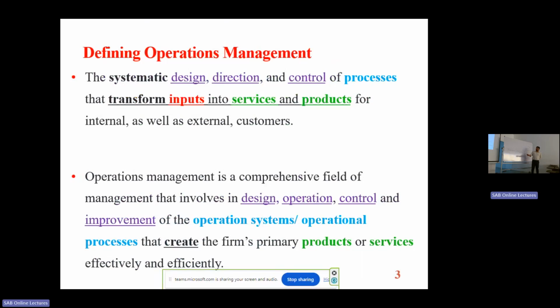So operations are aimed at producing and delivering products to customers. Could be external customers. Who do we call external customers? Outside the organization, right? It could be end customers or some other business. Now, assume fabric manufacturers producing fabric as the output. That is an input for garments.